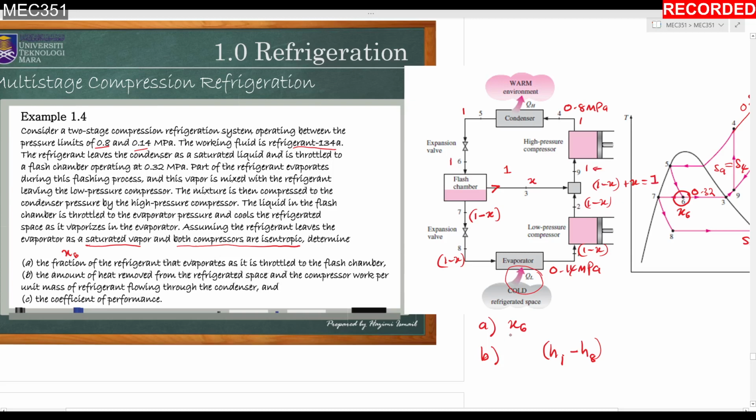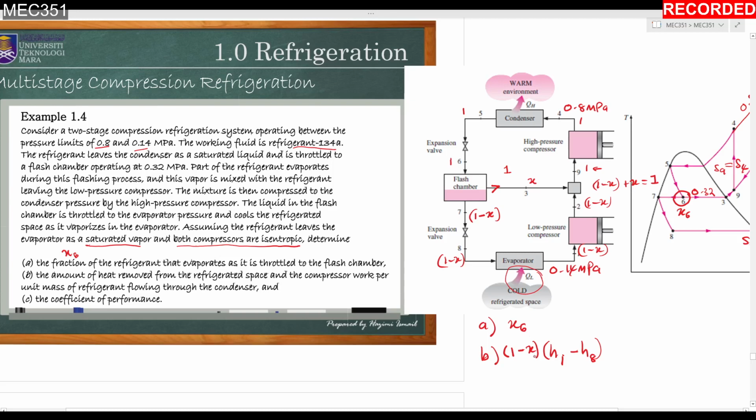Okay, so the QL must be multiplied with 1 minus x. So x6 here is also equal to the x value here.